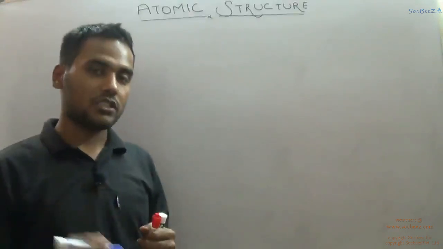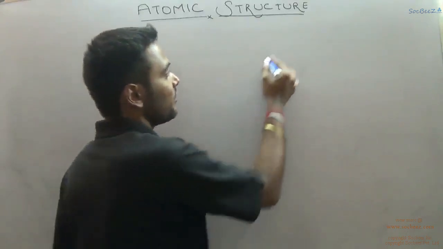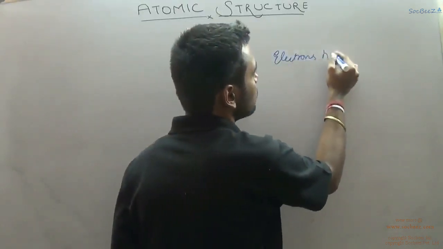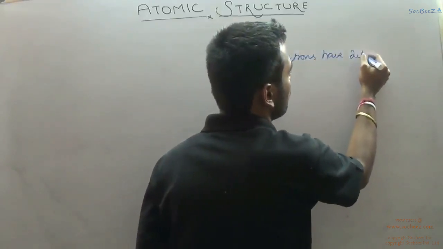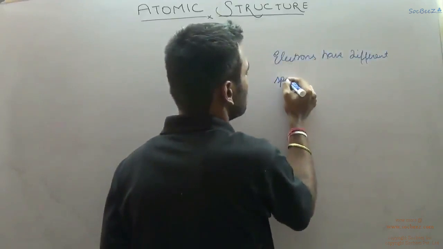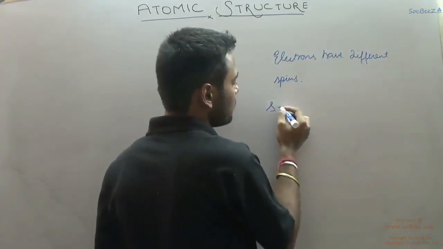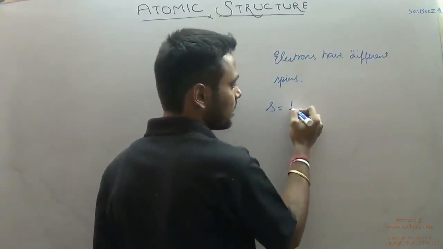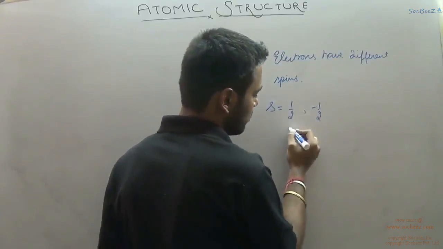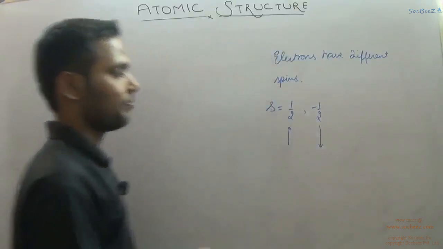After some videos, we are going to see that electrons have different spins. Spin is denoted by S. It is either plus half or minus half, denoted by an up arrow and a down arrow.